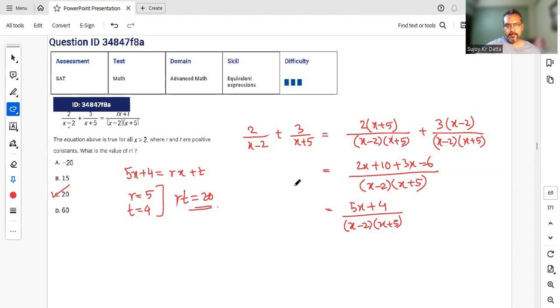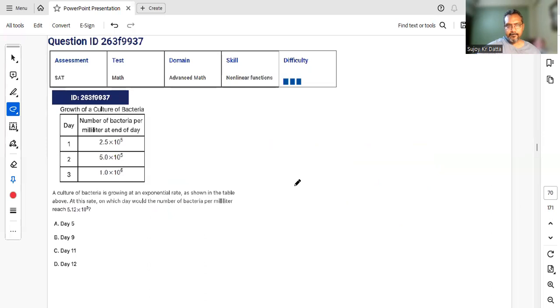Let's go to the next question. The growth of a culture of bacteria, the number of bacteria per milliliter, is given. They're saying it is growing at an exponential rate every day. As you can see, it's 2 times, and then again it should have been 10 times 10 to the power 5, which they have written as 1 times 10 to the power 6.